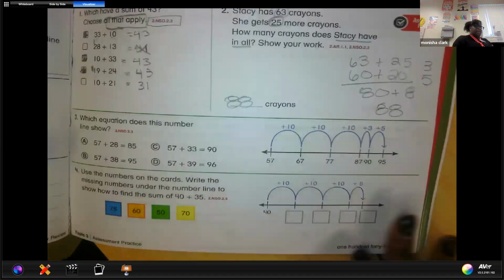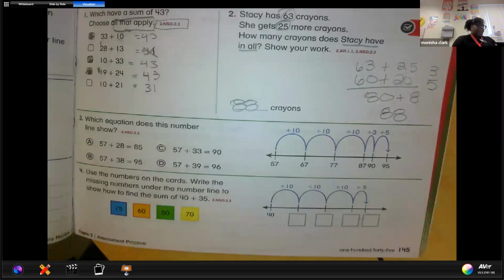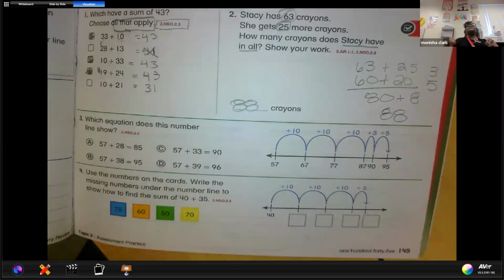We have question number 3. It says, which equation does this number line show? Now, this is important. They want you to understand a number line going forward, backwards, any way. They want you to understand how to add or how to subtract on a number line.